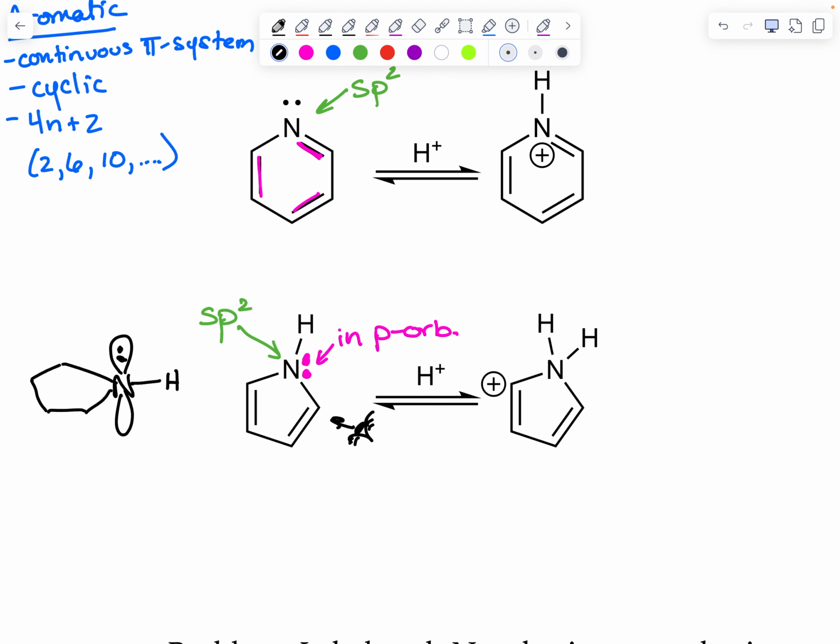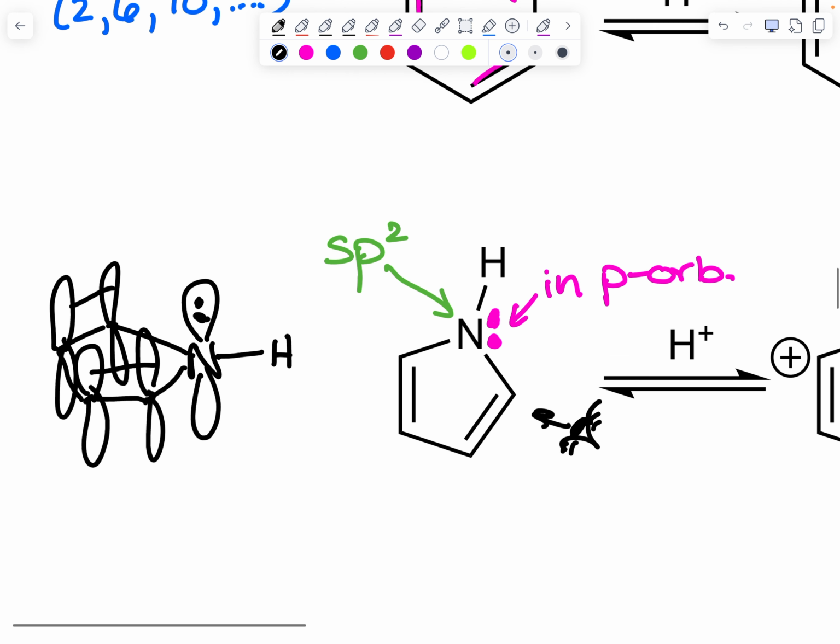So for that to act as a base, it has to break aromaticity, which costs a lot of energy, and form the bond. So once it does that and forms this acid, it's like, dude, no, I don't want this proton, take it away so that I can take the lone pair and become aromatic again, okay?